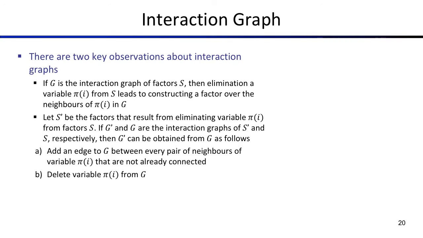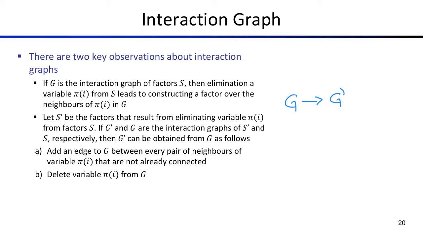So we can think about a series of operations over these interaction graphs where we eliminate one variable at a time, and we start with the model graph G that we created from the Bayesian network. We can think that we will create a sequence of interaction graphs.